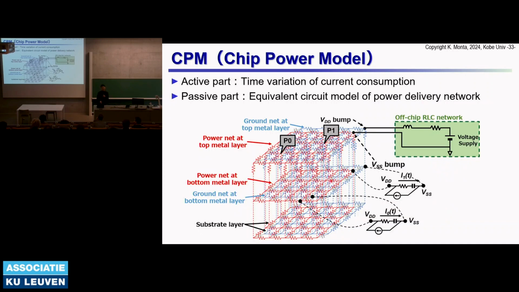This is the mesh structure of the power delivery network, and each point is connected to the standard cell power library model. Using this, we can calculate the power current flowing through the power delivery network at every point you want. This is just an example, but you can place a virtual probe at point 0 and point 1 or something like that, so you can sense the point wherever you want.